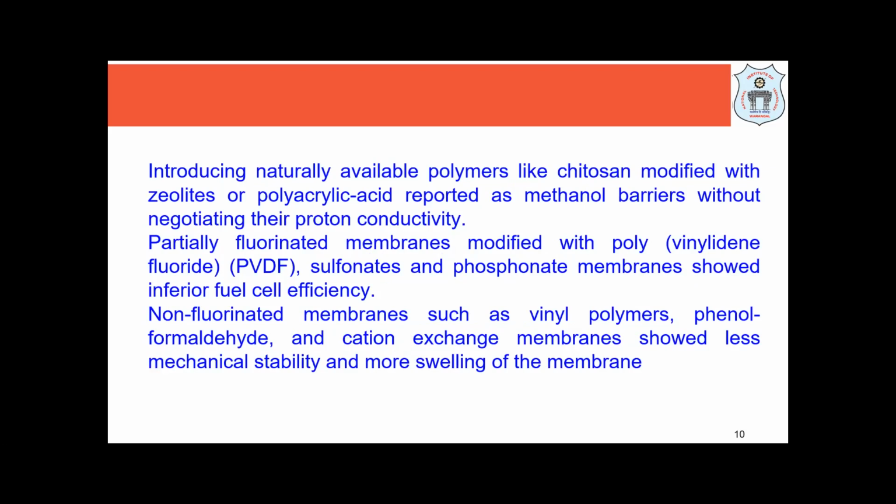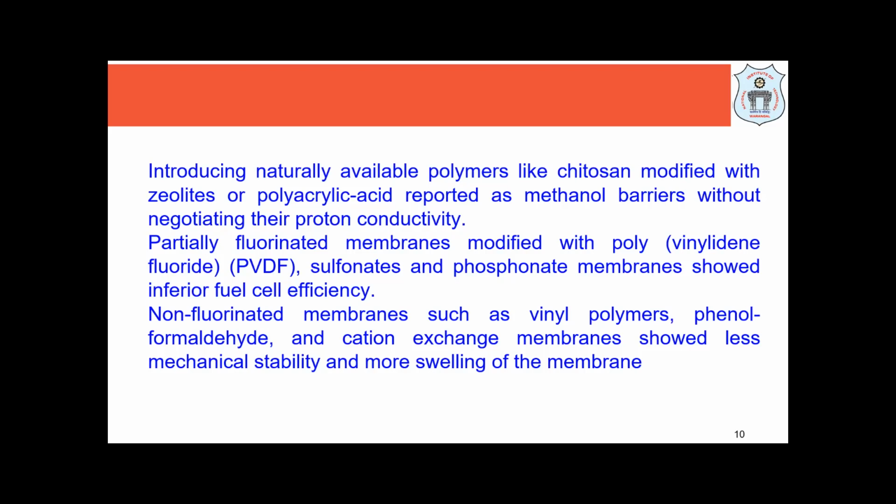In the incorporation, we can introduce naturally available polymers like chitosan modified with zeolites, polyacrylic acid. All of them, when you incorporate into the Nafion membrane, increase the barrier to the migration of methanol. So that way, the methanol permeability is reduced. But there are several membranes which will block the methanol crossover.